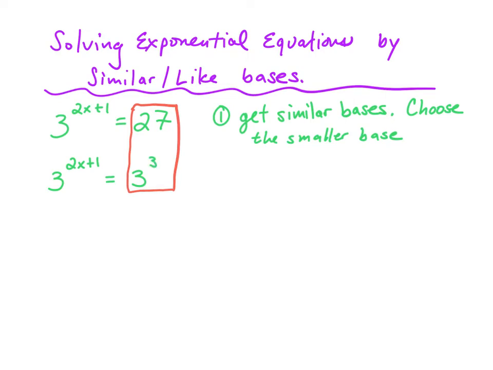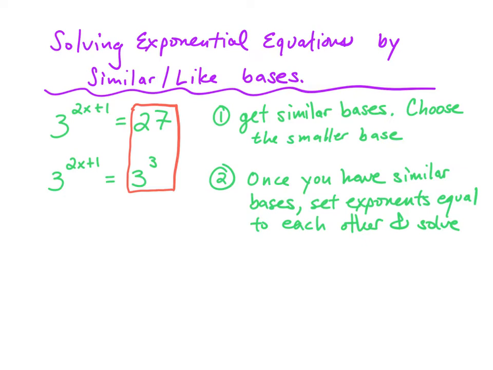So we are rewriting the bigger base into the smaller base and giving it some exponent. Why is that helpful? Once you have similar bases on both sides, you are mathematically allowed to set each exponent equal to each other.